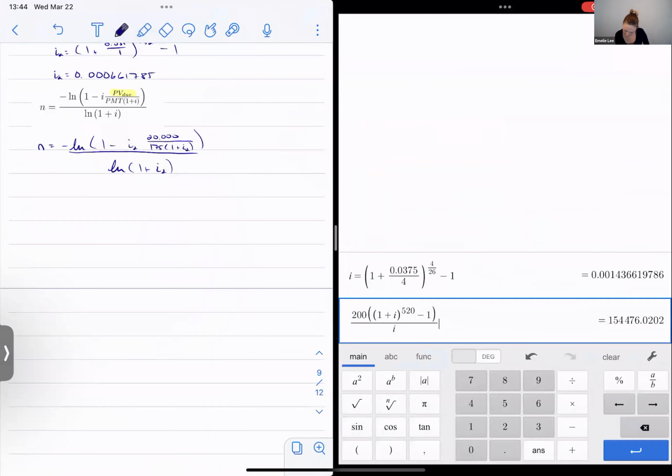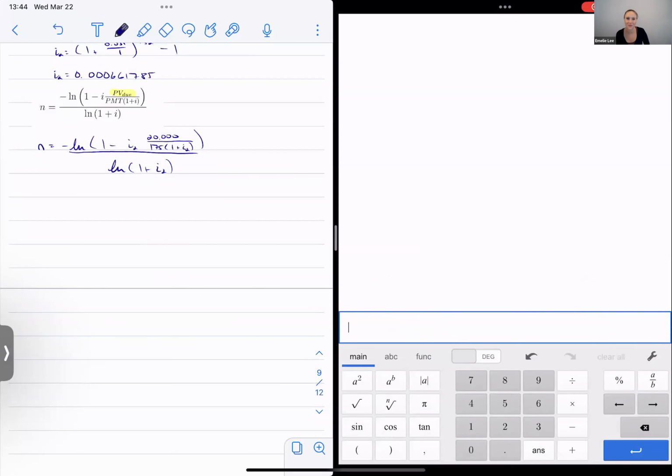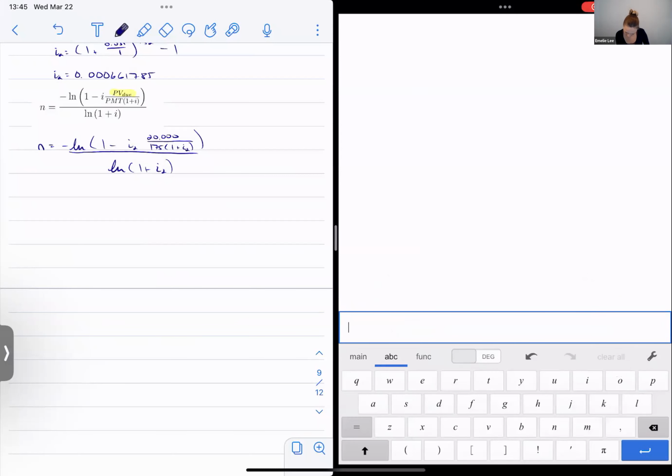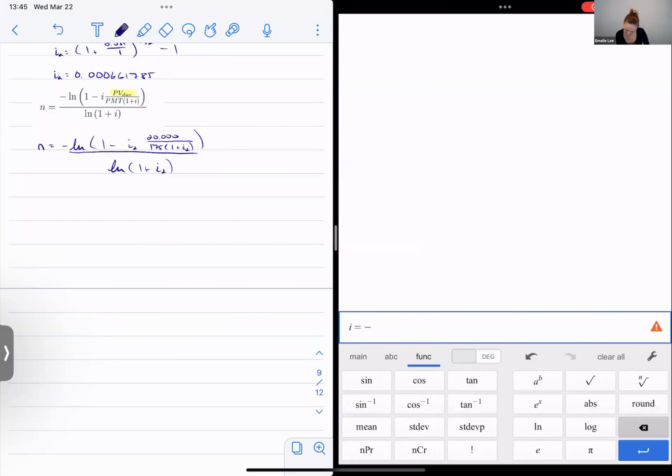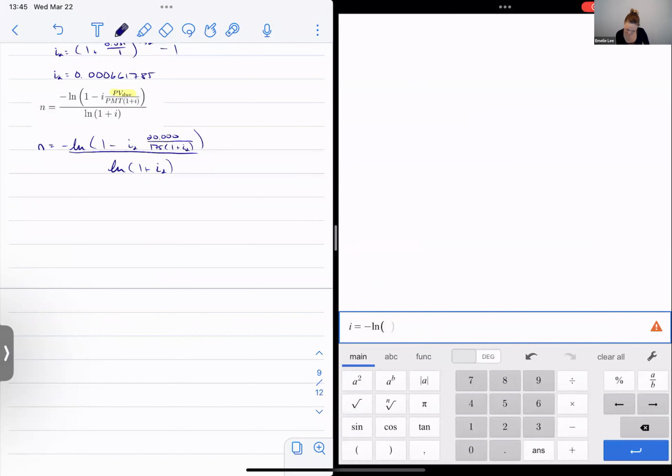To save myself some grief, how about I just use this one? I know I can't handle it. I is equal to the negative log of 1 minus, oh, I jumped to the n.